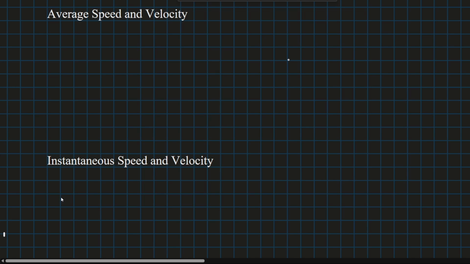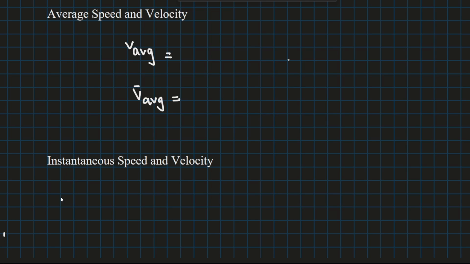Now, what is average speed and average velocity? When we average something, we add all the given distances upon the summation of the times.